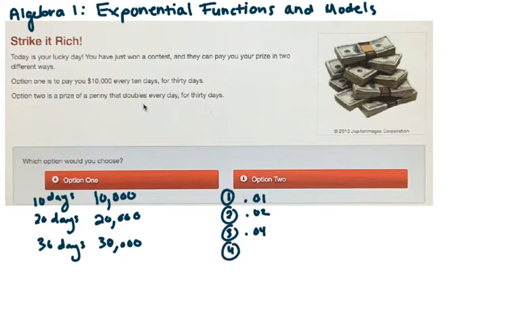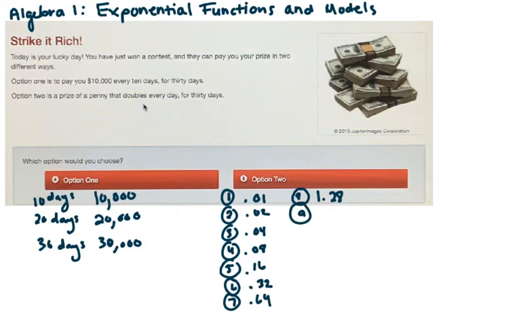Day four, 8 cents. I'm just doubling my previous amount. Day five, 16 cents. Day six, 32 cents. Day seven, 64 cents. Day eight, $1.28.